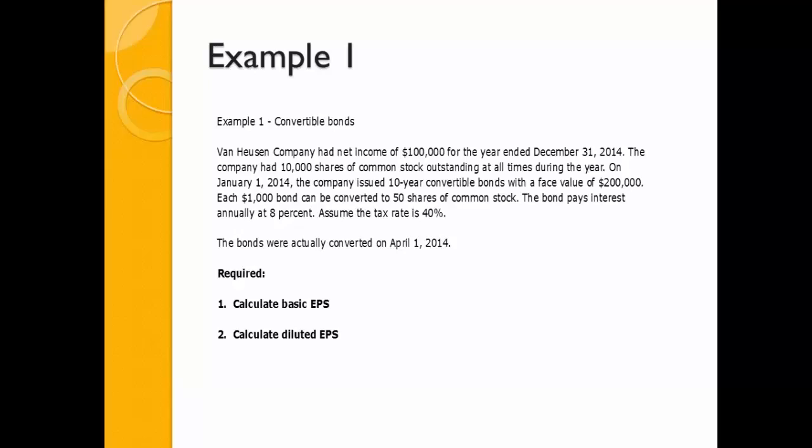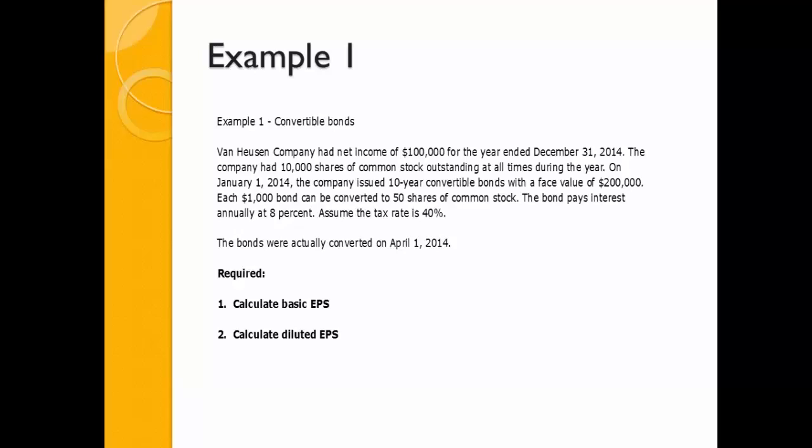On January 1st, 2014, the company issued a 10-year convertible bond with a face value of $200,000. Each $1,000 bond can be converted into 50 shares of common stock. The bond pays an annual interest of 8%. Assume the tax rate is 40%.